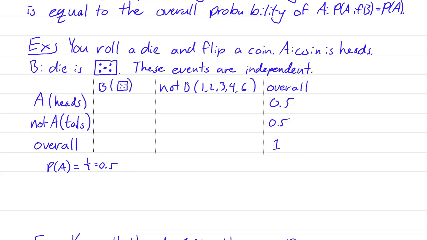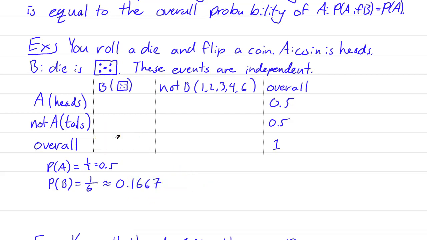Now, the probability of B, that's what's going to go in here. The overall probability of B is going to be the probability of getting a 5 when you roll a die. That should be a 1 out of 6 chance, because there's 6 faces on the die and they're all equally likely. So this is going to be 1 out of 6, which comes out to be about 0.1667, with the 6s going on forever if you don't round it off.